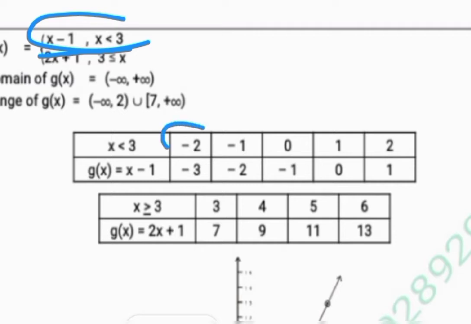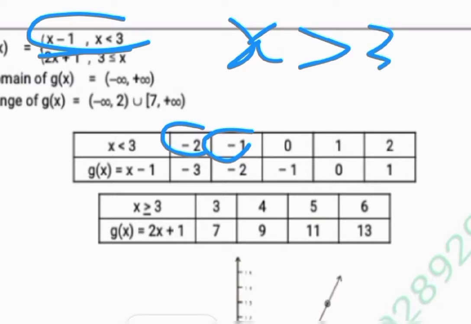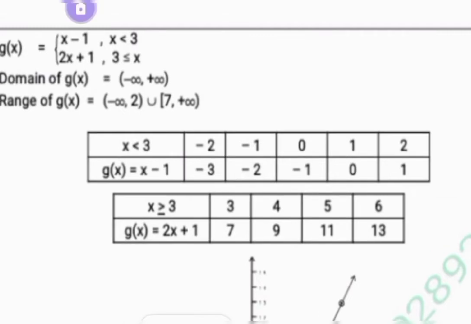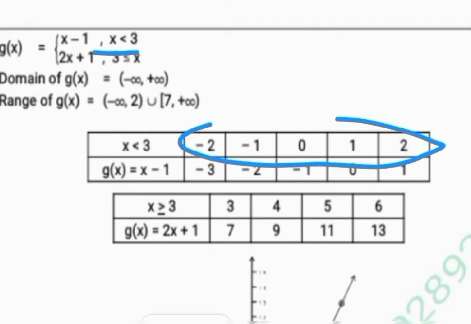Here x is less than 3, so we have to put values less than 3: 2, 1, 0, -1.